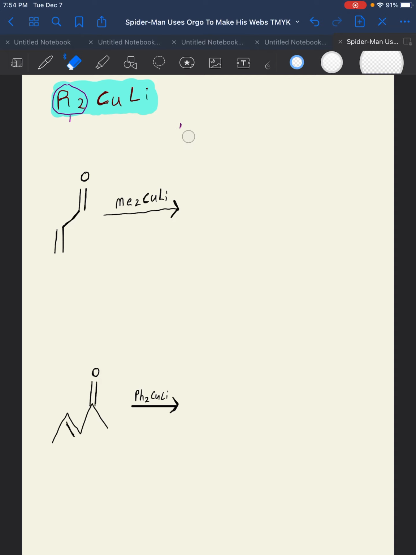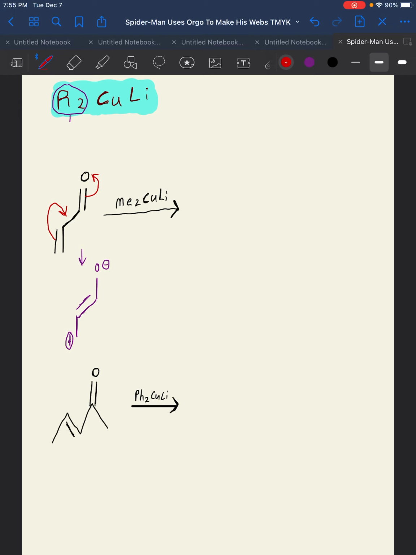And how these work is it's going to usually be utilized in a conjugated system. Now, what's a conjugated system mean? This is a conjugated system, meaning that this resonance can occur right here, which would then give you something that looks like this. Positive charge right there.